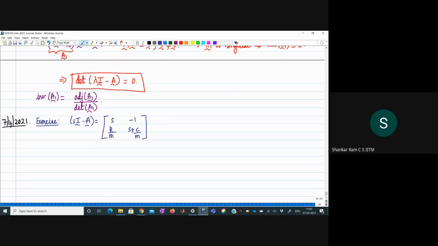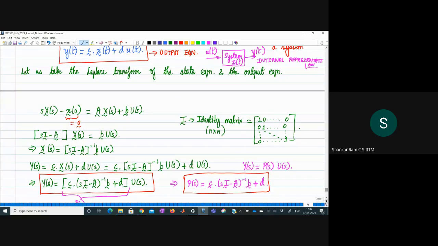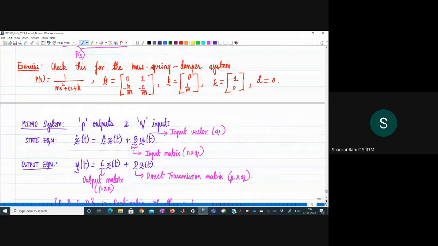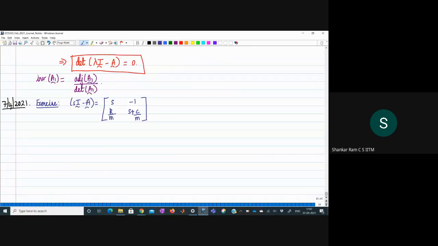Because we already had A, right? A was 0, 1, minus K by M, minus C by M, which we already knew. So here is the matrix A, 0, 1, minus K by M, minus C by M. We just subtracted this from s times identity. So this is what we get.